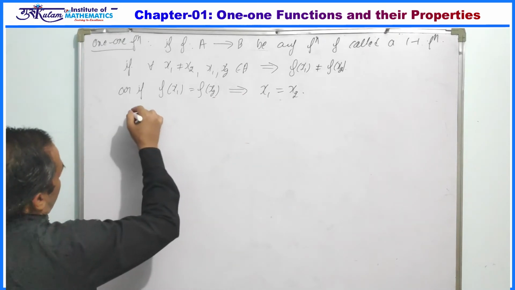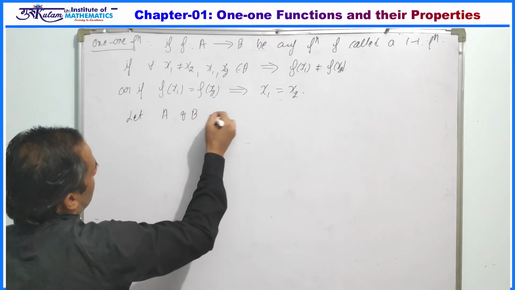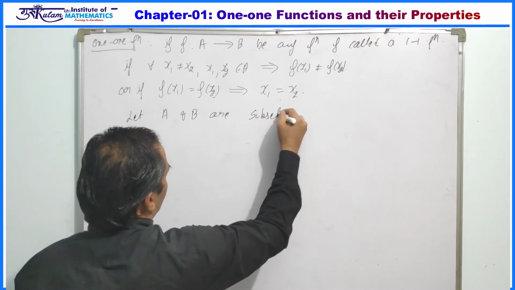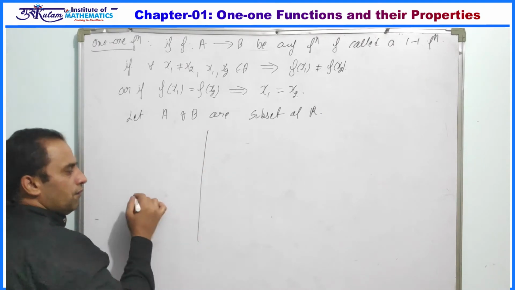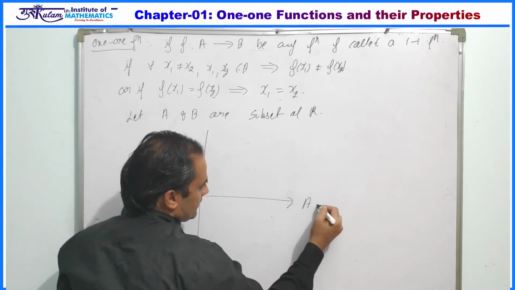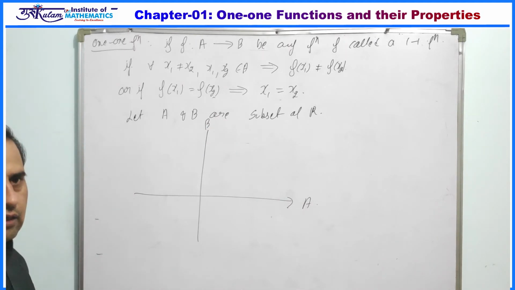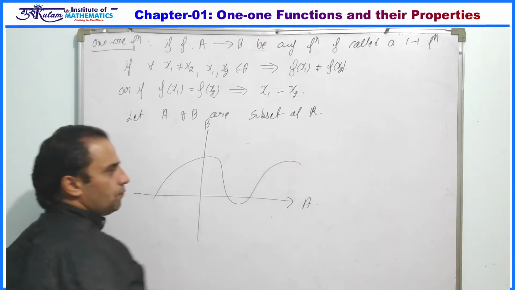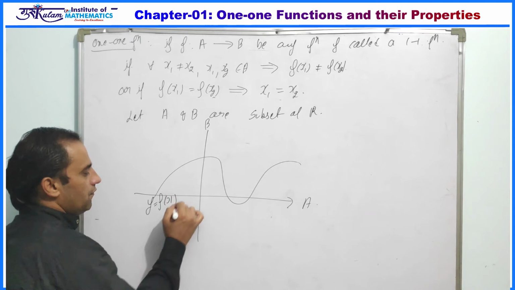So let A and B be subsets of R, and we will represent A on the x-axis and B on the y-axis. And if we draw a curve, this one, this is our function y equals f(x).